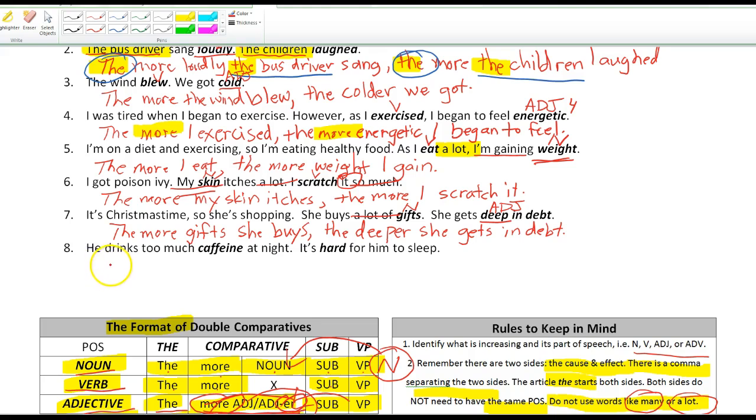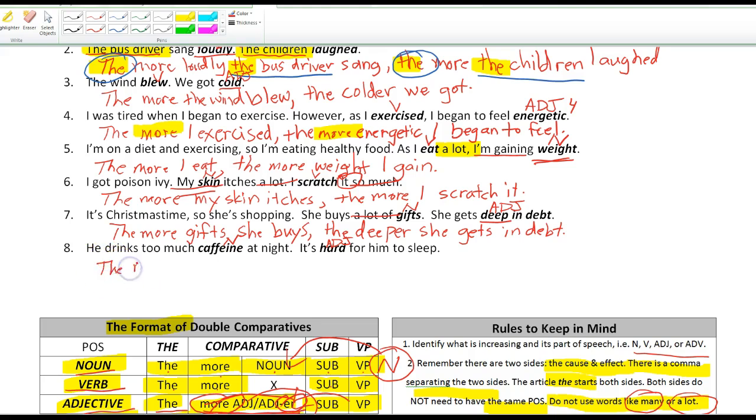Okay, and then number 8. He drinks too much caffeine at night. It's hard for him to sleep. Okay, so caffeine is a noun, and hard is an adjective. Okay, so noun.